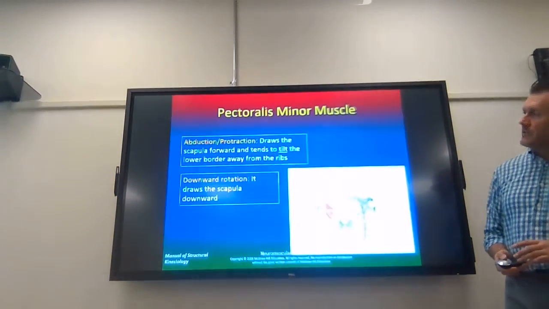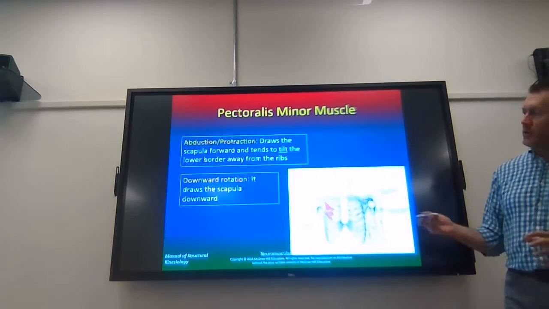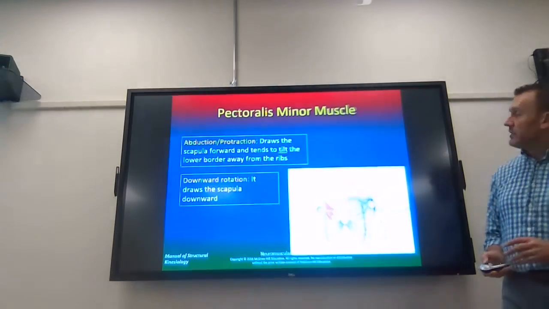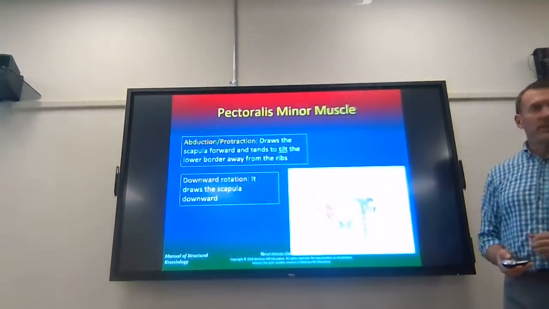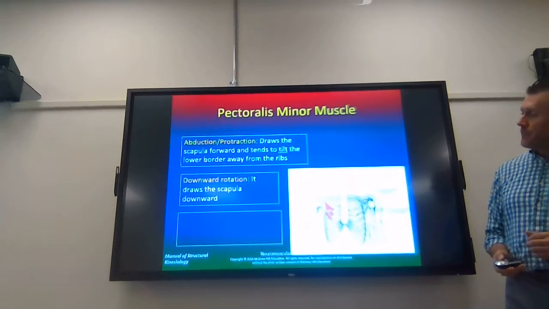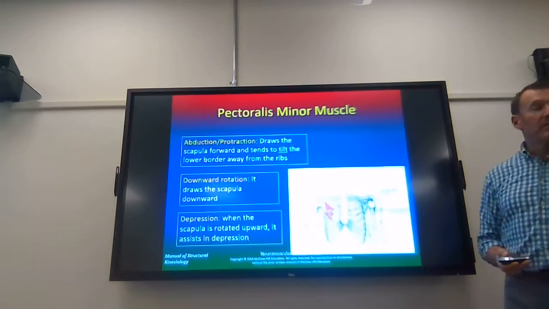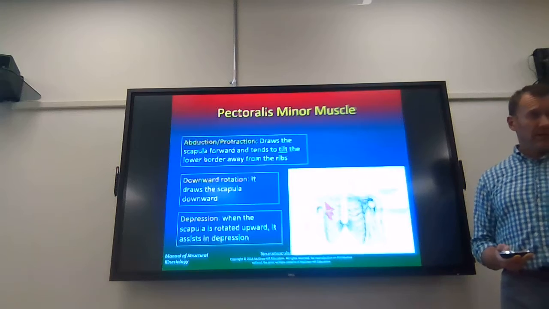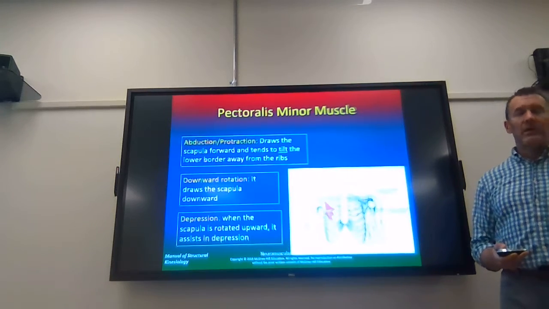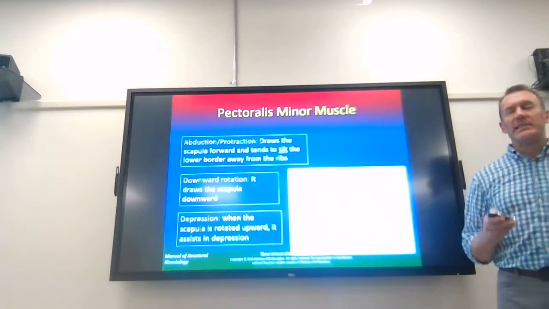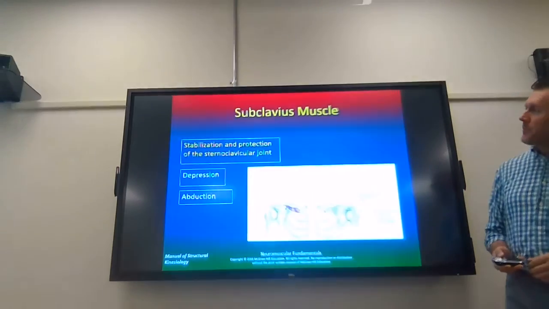So the functions there: upward abduction, protraction, downward rotation, works with the rhomboids for that role. And depression. So remember dip with the lower trapezius, pec minor. So after a while you start to put these things together in groups in your mind.